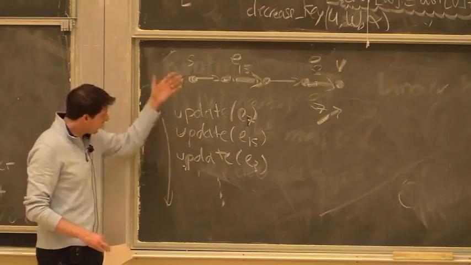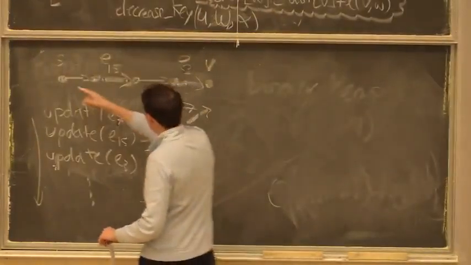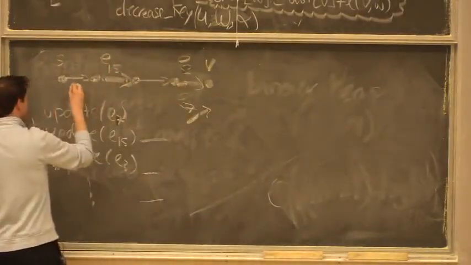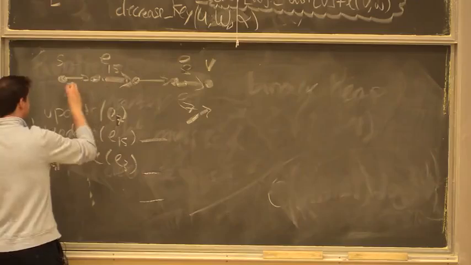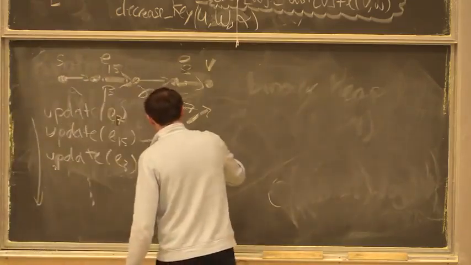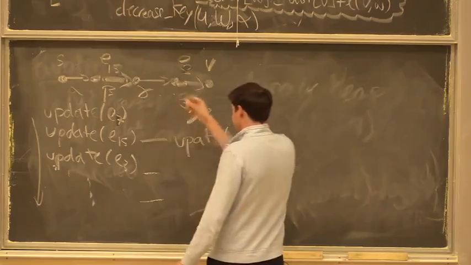I want to claim that in whatever order you write down, if as a subsequence you can find all these edges, so let's give a name to them. I already named them a little bit, but let's call them alpha, beta, gamma, and so on and so forth. You have update alpha as the third in the sequence.